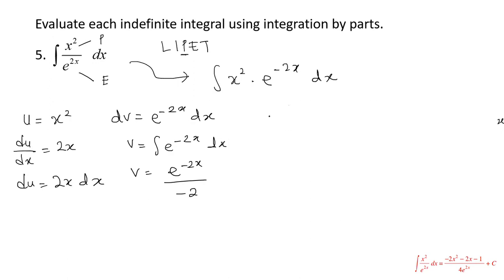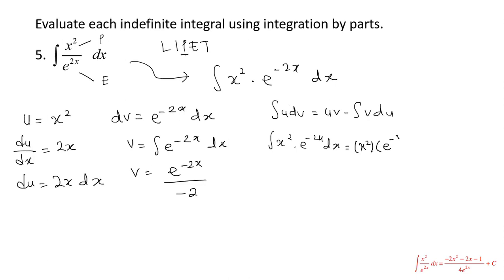Okay, so integrate u dv equals uv minus integrate v du. So let's substitute. This one is actually your question. Your u is x squared.